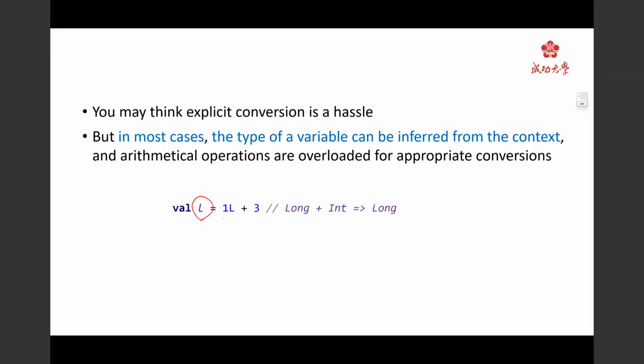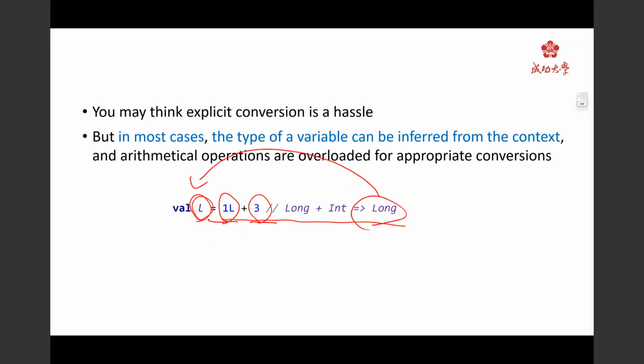And in this expression, you can see we are adding a long number with an integer number. So here, this is a long number, and this is an integer number. There's no type conversion needed, okay? And the data type for this variable can be inferred easily by the compiler, because this is a long and this is an integer, and obviously the data type for this variable should be long as well.